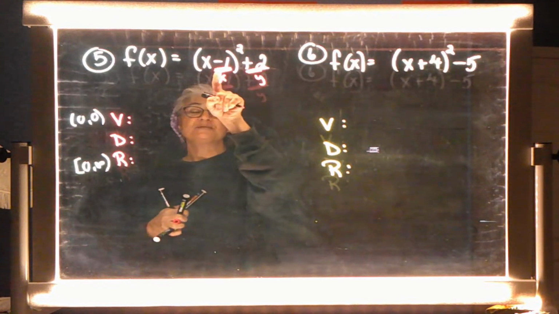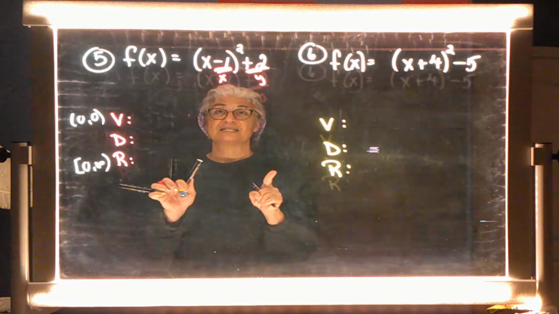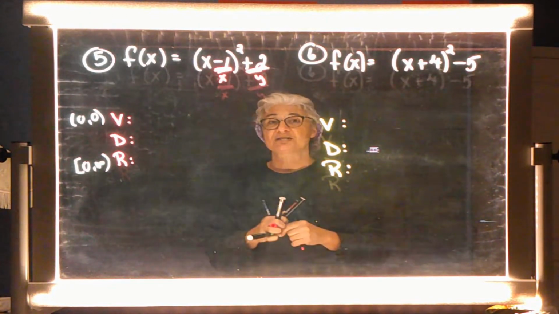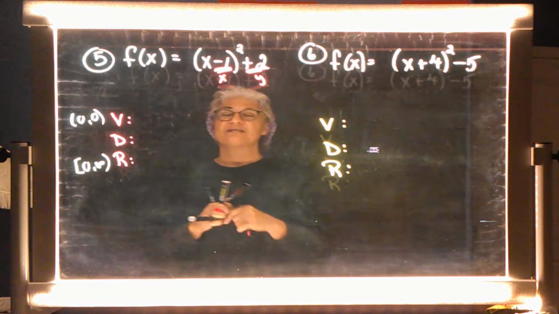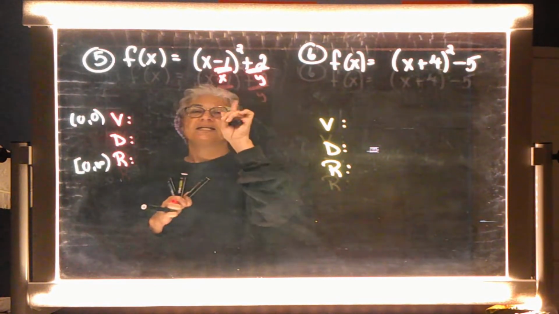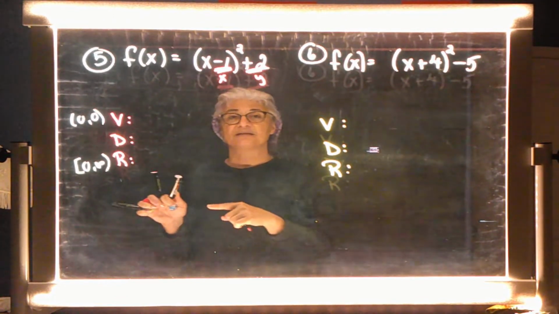Now, this minus 1, which direction is it affecting? Since it's affecting x's, is it going left or is it going right? Which direction is it going? Okay, some of you said it and some of you didn't say it correctly. You're like, well, how do I keep that straight? Remember the last two problems we did.